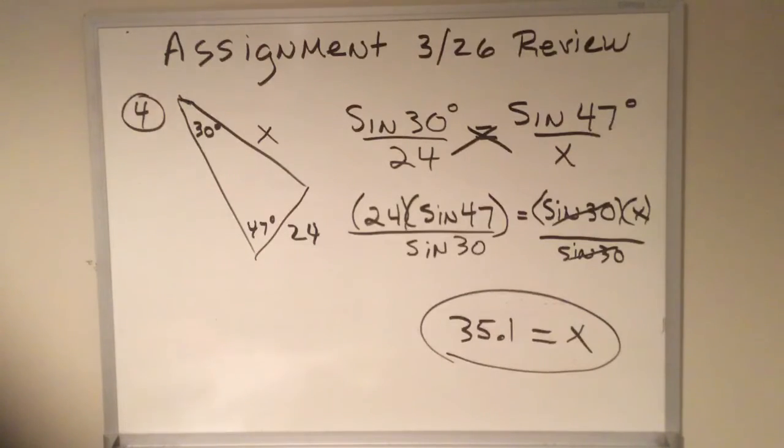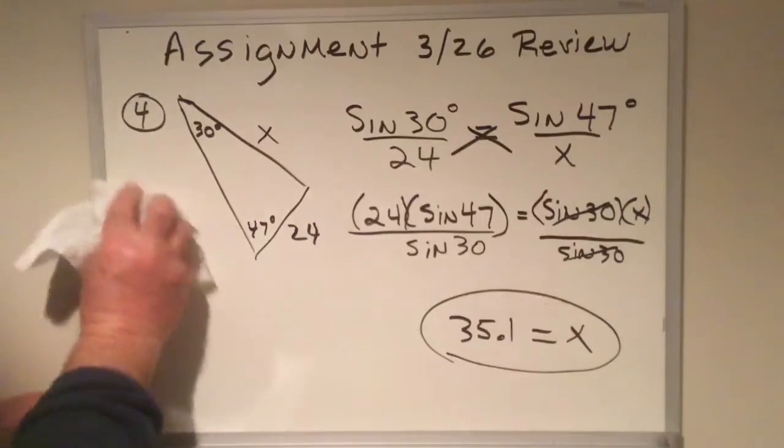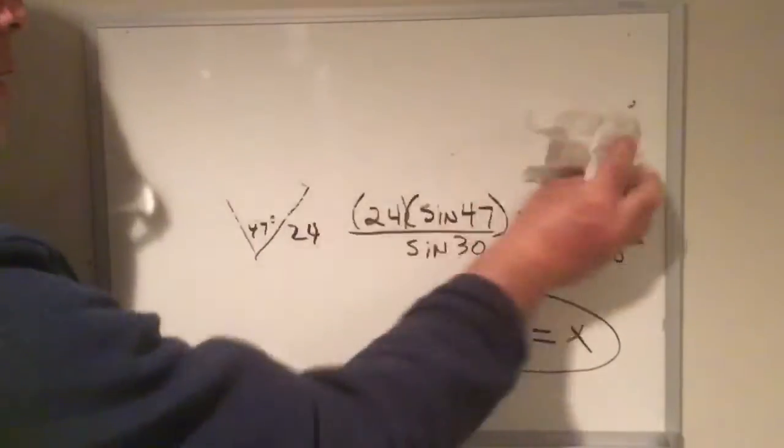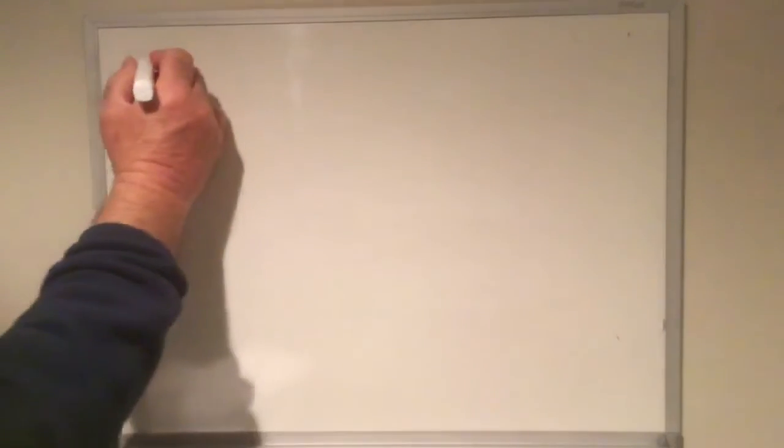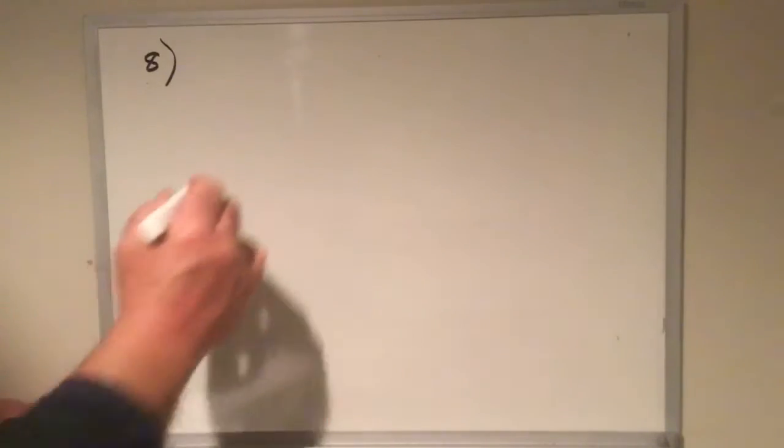Now, I mentioned that I think the assignment takes a slightly different turn. They're all finding side lengths, but on problem number 8. Let's see, why did I mark off 8? We've got a triangle there, right?